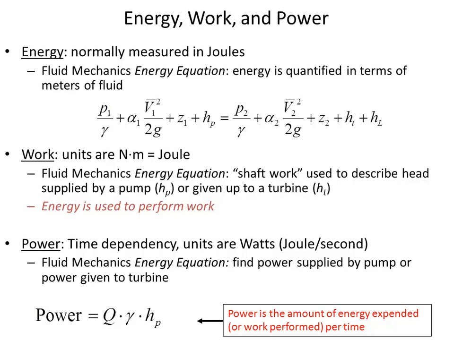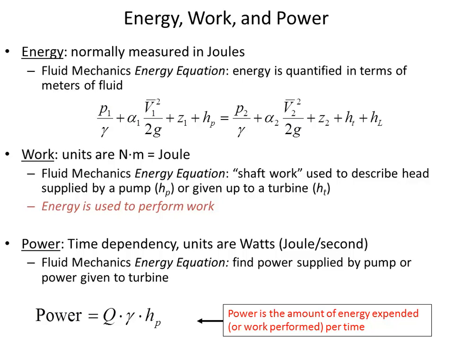Work is a joule, where work is a force, Newtons, applied over a distance, meters. And in fluid mechanics, we talk about shaft work, which is the head that's supplied by a pump or given up to a turbine. Energy and work have the same units, and the same meters.